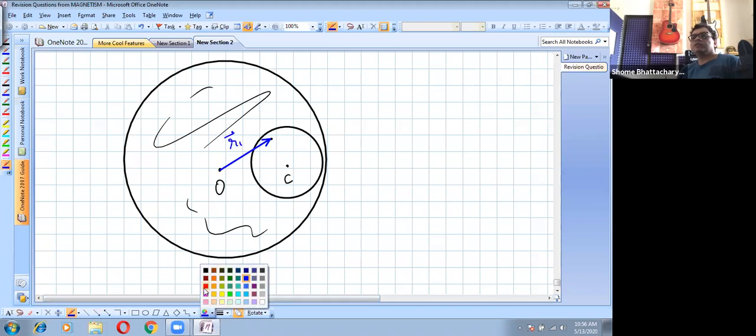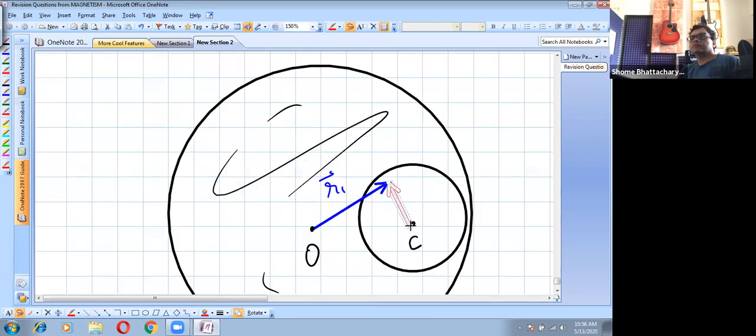And with respect to the spherical cavity center, the position vector of that point is R2, like this.